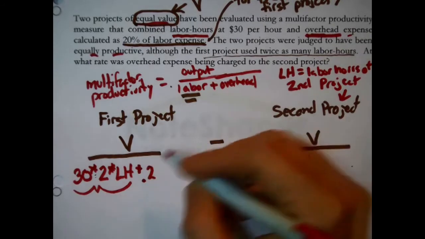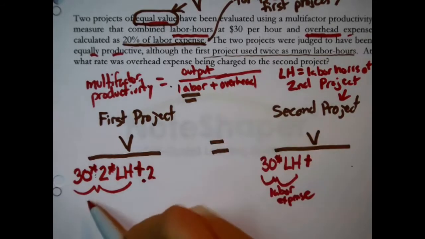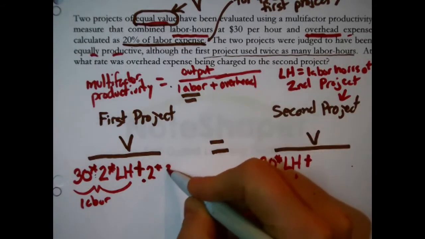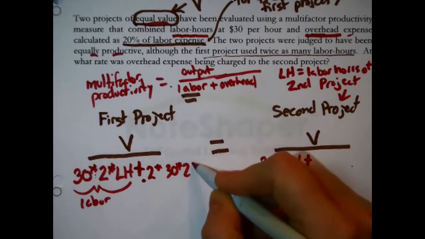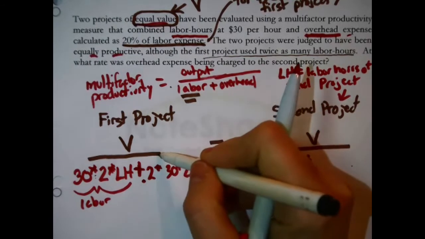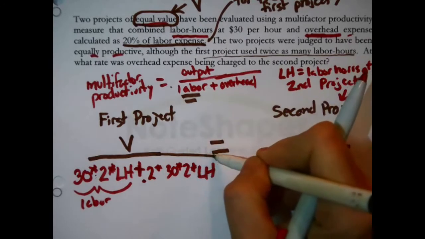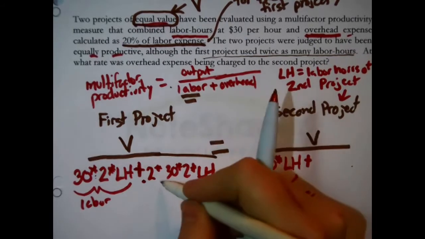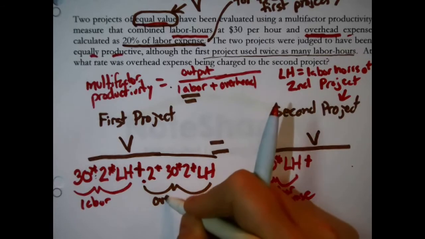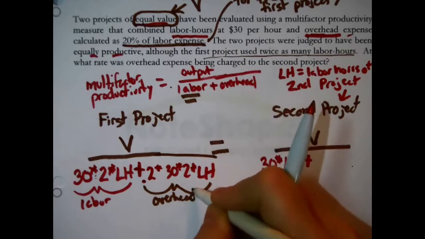0.2, this is a plus because this is the labor, plus 0.2 times 30 times 2 times LH. I had better extend my line between the numerator and the denominator, because from here to here is how much we're paying in overhead for that first project.